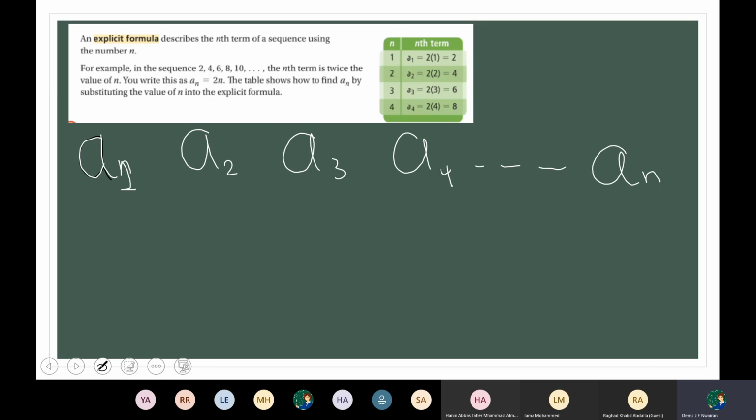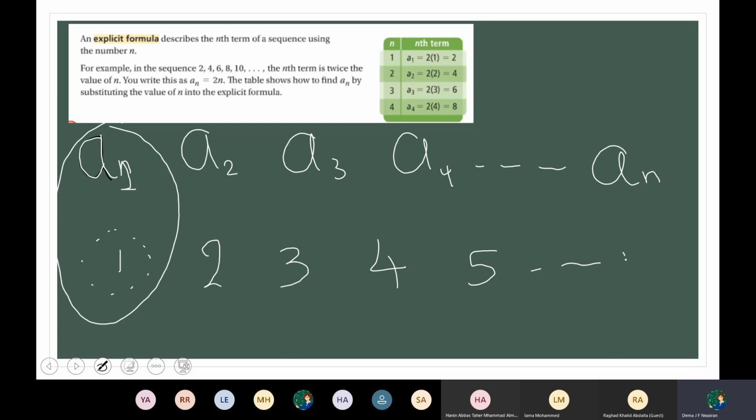The explicit formula tells me that there's a relation between the number of the term and the nth term of a sequence, like 1, 2, 3, 4, 5, until n.